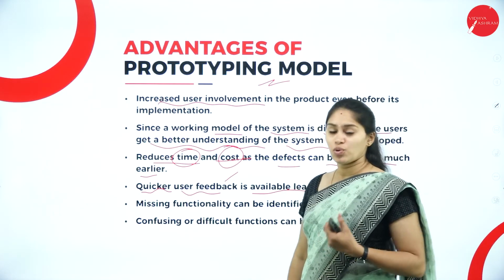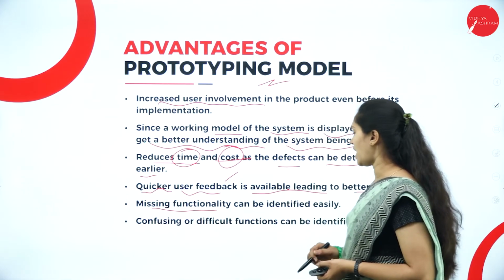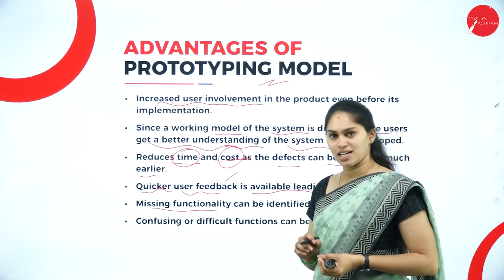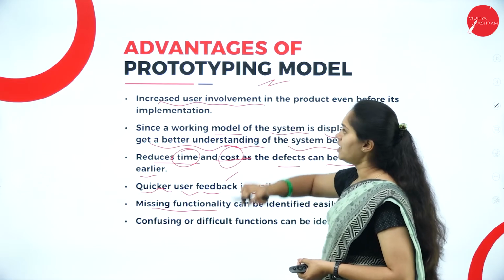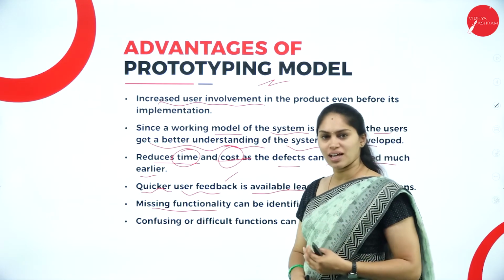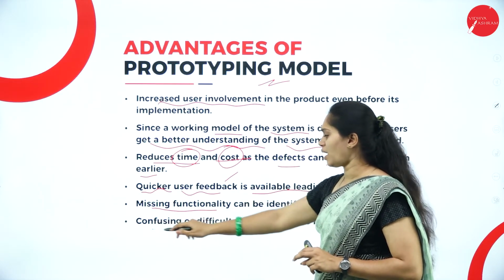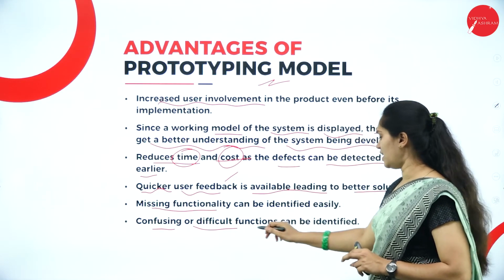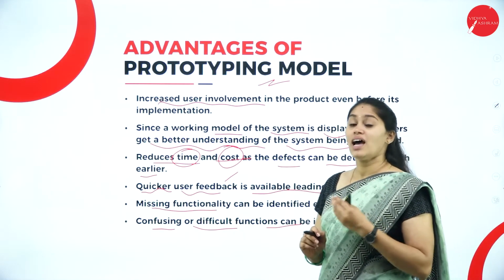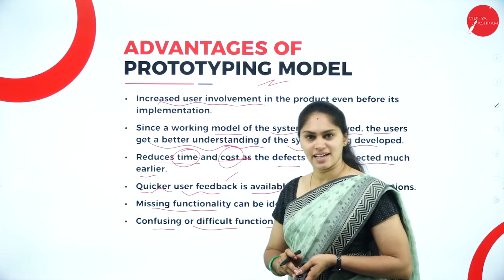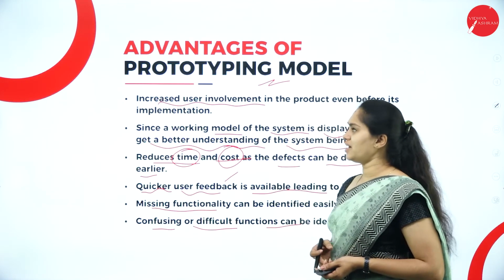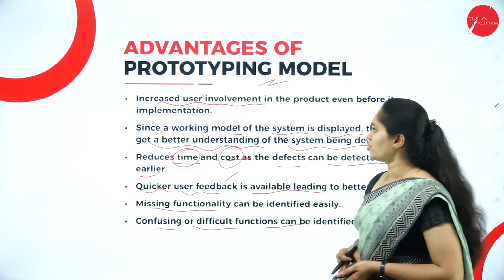And also you can incorporate missing functionality at an early stage itself. This prototype model will also remove ambiguity or confusion, and difficult functionality can be identified at an earlier stage itself. So these are the advantages we can expect from the prototyping model.